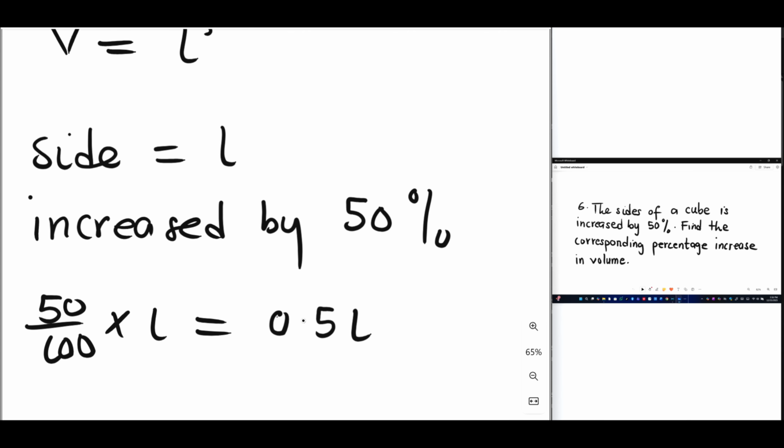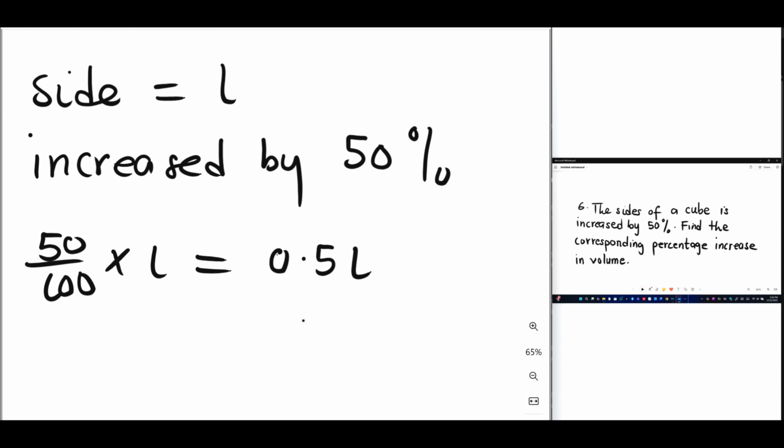Our focus is only on the increment, so you don't add 0.5L to L again. When you add 0.5L to L, you are getting the new value, not finding the change. Our focus is only on the change that has occurred. So just 50% of the length will give us the change.